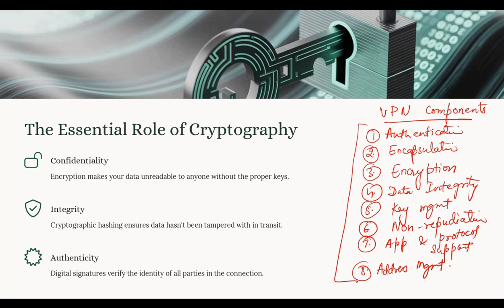Now we'll talk about the cryptography used in VPN. Cryptography is an art and science of securing information by transforming it into a form that unauthorized users cannot access. Cryptography uses the techniques of CIA, that is confidentiality, integrity, and authenticity.